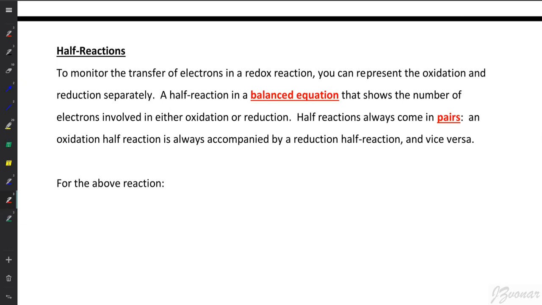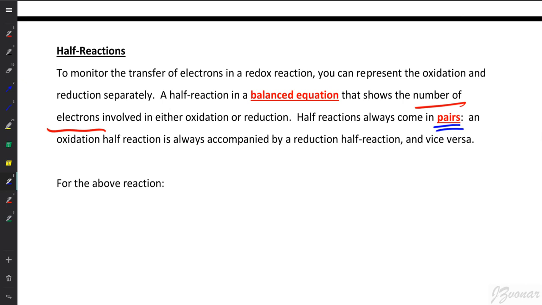The half reactions are always going to be balanced because they always show the number of electrons involved in either of these reactions. When we write them as half reactions, we always include the electrons, and we must always write them in pairs. This is very, very imperative.